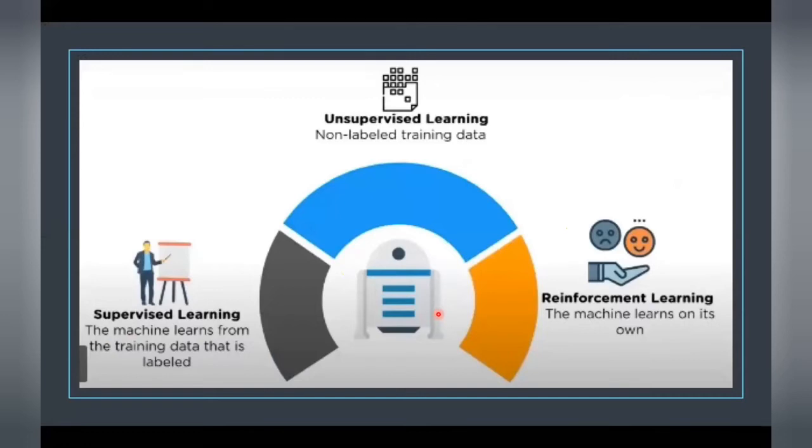So what is supervised learning? It is very simple. You have a data set which is labeled, in the sense that the pixel has been shown to belong to a tumor, and the machine learns from the labeled data set that this is a pixel which belongs to a tumor. In unsupervised learning, it is non-labeled. There is no marking of region of interest.